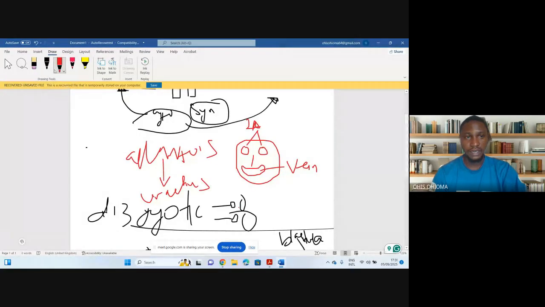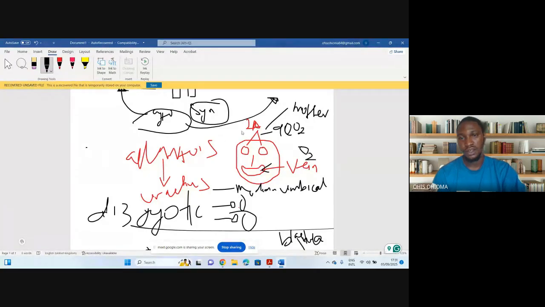And this urachus degenerates to form the median umbilical ligament. What you just need to know for the exam is that this guy here carries oxygenated blood to the fetus. And this guy here takes deoxygenated blood to the mother. Not only deoxygenated blood, it carries fetal waste and all of that.